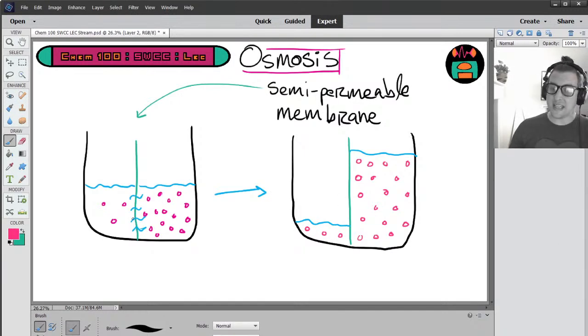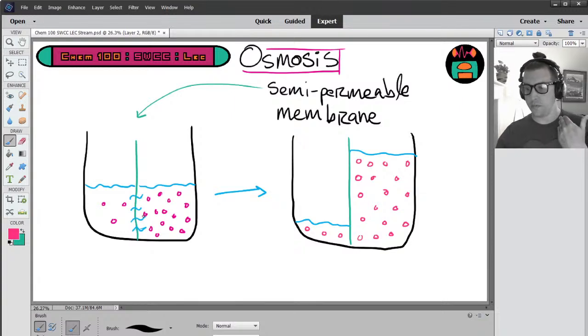Now, when I say that the concentrations are equal, I mean for osmosis considerations, it's not the concentration of any given compound; it's the total concentration of particles.